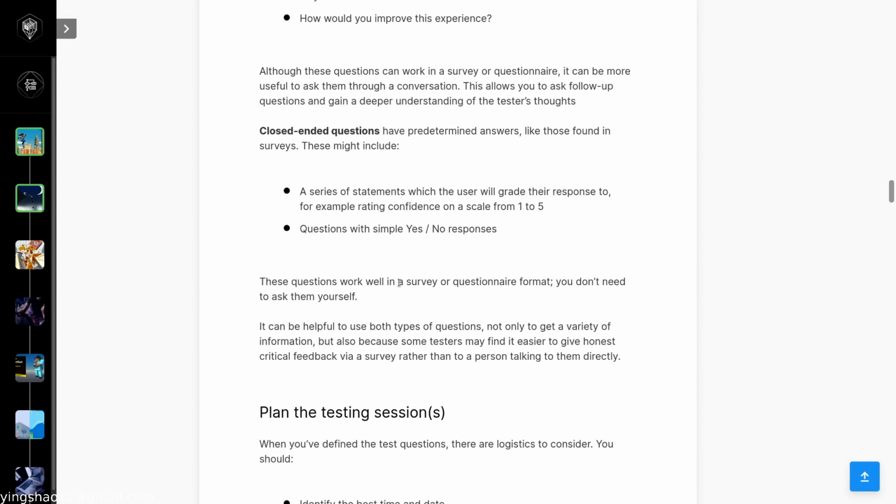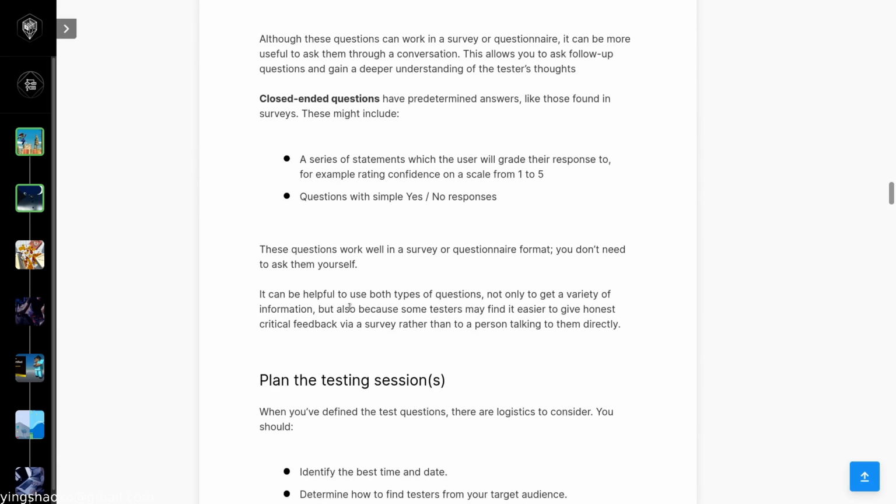These questions work well in survey or questionnaire format. You don't need to ask them yourself. It can be helpful to use both types of questions not only to get a variety of information, but also because some testers may find it easier to give honest, critical feedback via a survey rather than to a person talking to them directly.